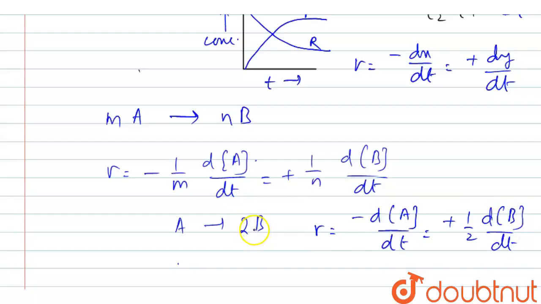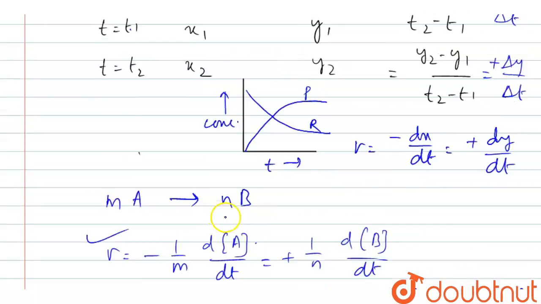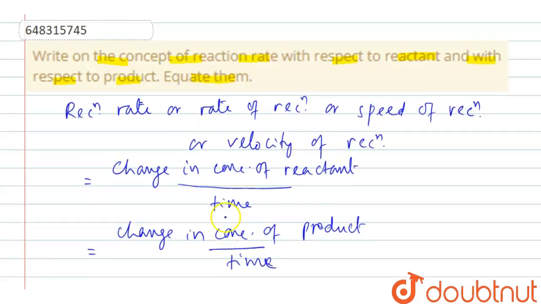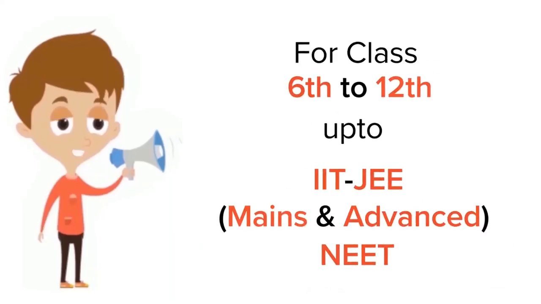Since B is formed at 2 times the rate at which A is consumed, the rate of consumption of A is half the rate of formation of B. Half of the rate of formation of B is equal to the rate of consumption of A, and that is known as the rate. Therefore, in general, we can write rate equals minus 1 by m d[A] by dt equals plus 1 by n d[B] by dt. So this is what rate of a reaction means, and the expression of rate of reaction with respect to reactant and product.